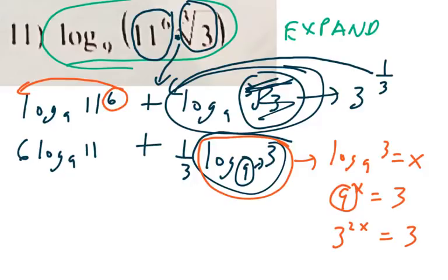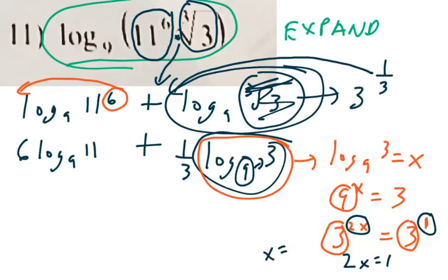So see what I did there? So if 3 squared to the x equals 3 to the 1, notice how I have now the same base of 3. Logically, that means 2x has to equal 1. And therefore, x must be 1/2.